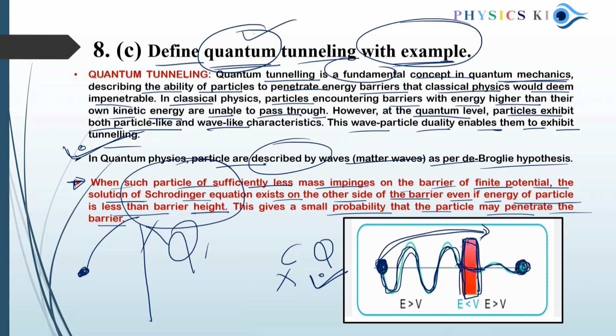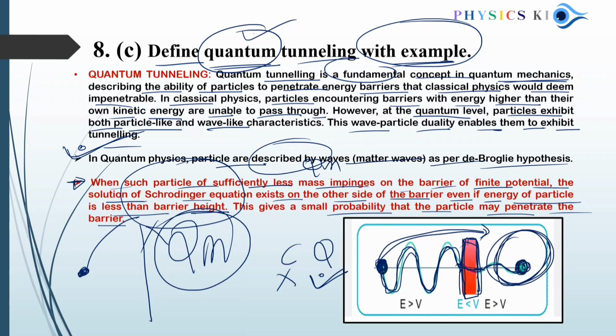This phenomenon is known as quantum tunneling. So in quantum tunneling, they write that on the other side the solution of the Schrodinger equation is possible. Why is it possible? Because the particle can go through the tunnel, and that's why the particle probability is possible on the other side of this potential.